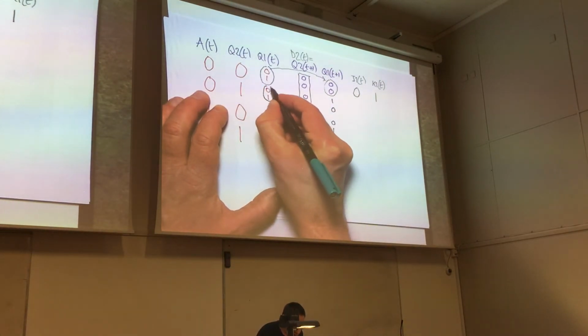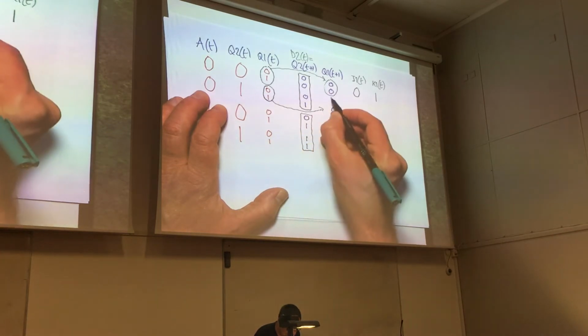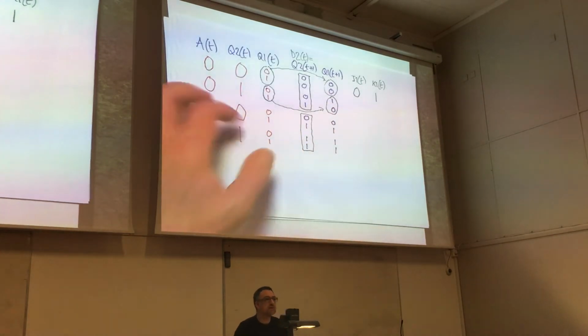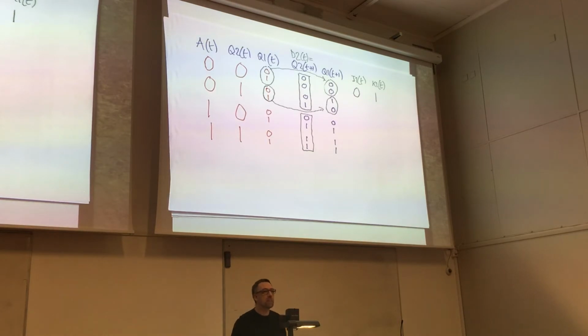In the 0-1 situation, this is the behavior we want to happen. What's going on there? Yeah, we're toggling the flip-flop. How do you tell the flip-flop to toggle? What should we send in on J and K? 1-1.